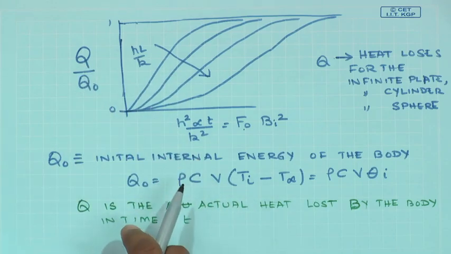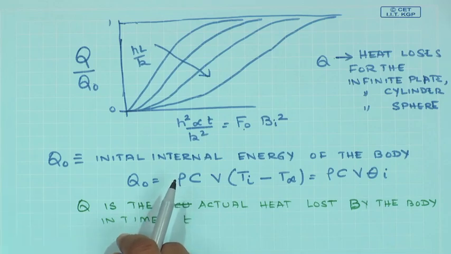So, since you know the initial internal energy content of the object, you would be able to find the energy that the body has lost if it is a quenching problem, or the body has gained if it is a problem where the object is going to be heated.